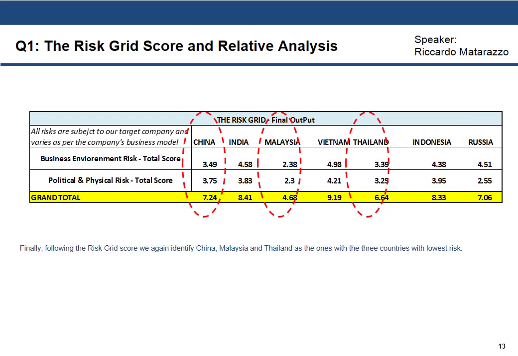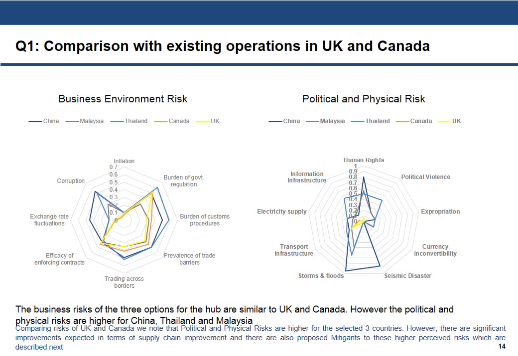with lowest risk. Comparing risk of UK and Canada, we know that the political and physical risk are higher for the selected 3 countries. However, there are significant improvements expected in terms of supply chain improvement, and there are also proposed mitigants to this higher perceived risk, which are described next.